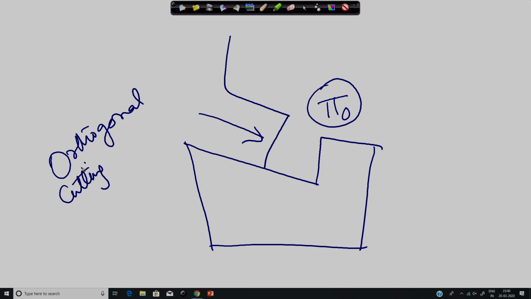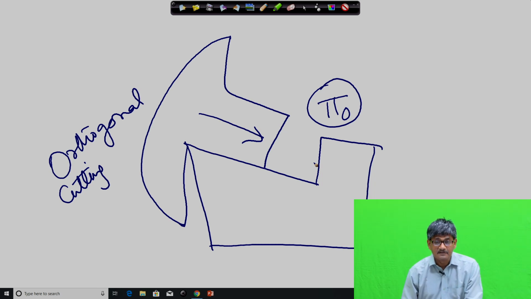As it is a case of orthogonal cutting, I can claim that the complete force system, that means the forces that are occurring in cutting, they are confined in this particular plane. That is the main thing which is claimed in case of orthogonal cutting.